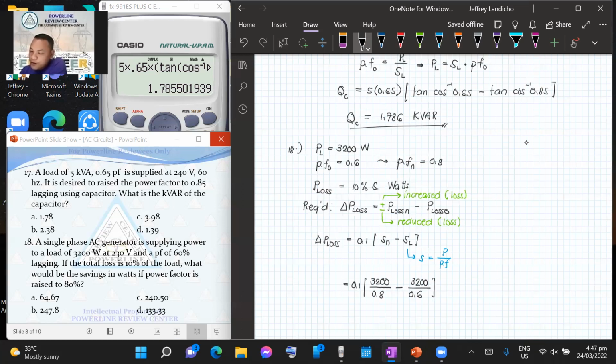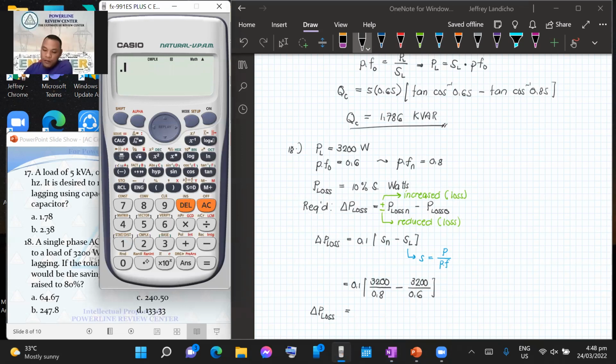So, meron na tayong change in the given power loss. Kapag nag-positive yan, ibig sabihin, mas lumaki loss, lugi. Pero pag nag-negative yan, ibig sabihin, reduce yung power loss. So, kumita, nagkaroon tayo ng savings. Okay?